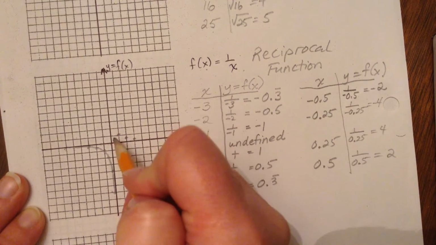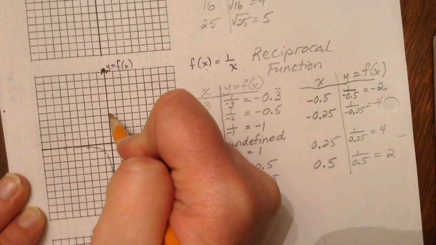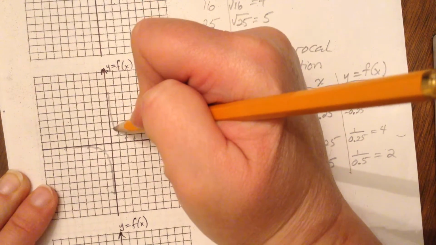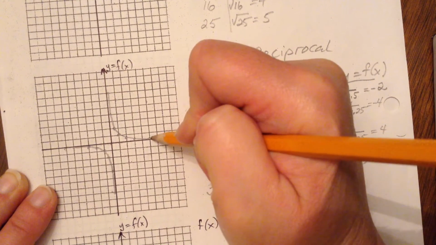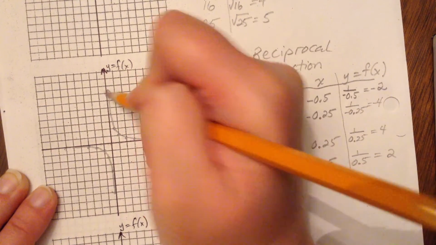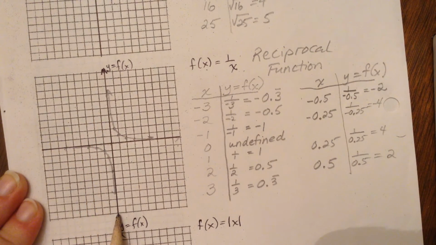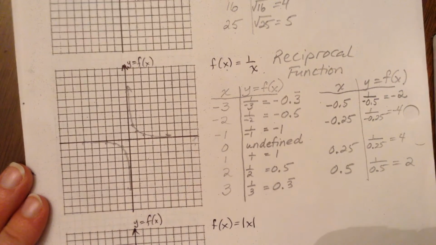We have the same thing on the other side. At 0.5 it was 2. At 0.25 it was 4. We can see another asymptote feature here. So we actually have two asymptotes, one along the y-axis, there's a vertical asymptote, and one along the x-axis is a horizontal asymptote.